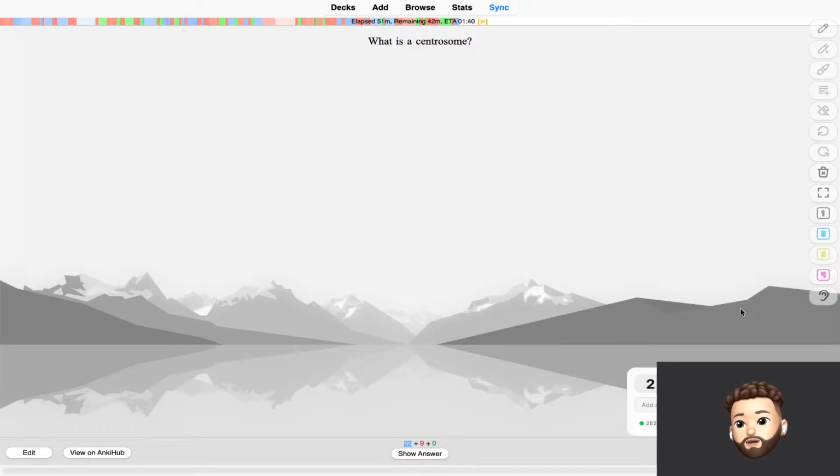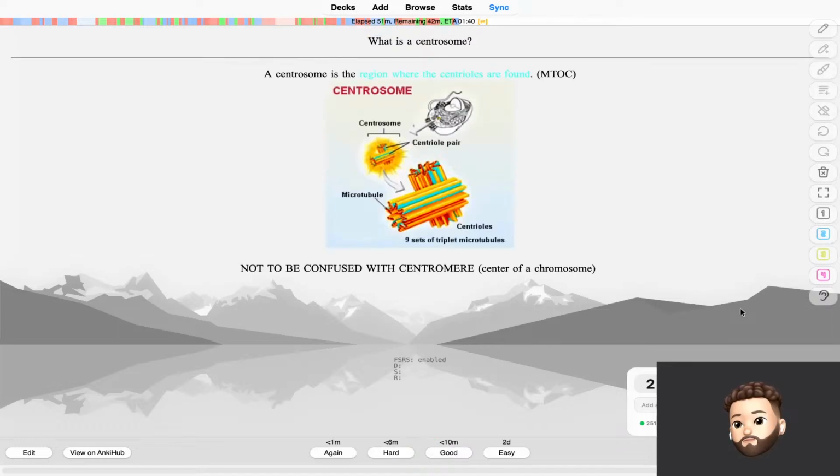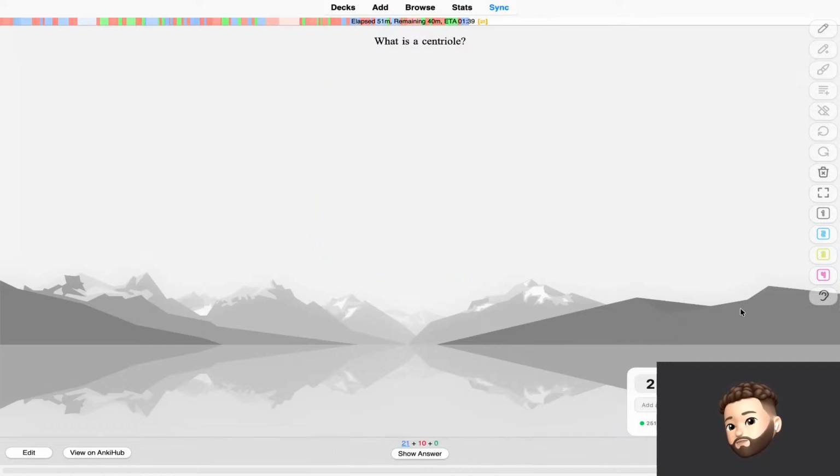The region where centrioles are found. Oh, I definitely confused it with centromere. I'm not gonna lie. Centrosome is where centrioles are found.